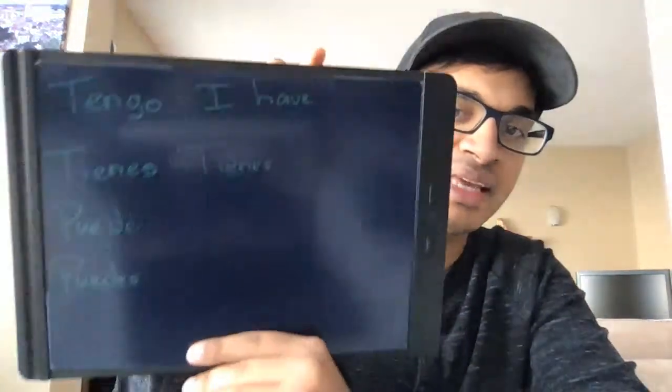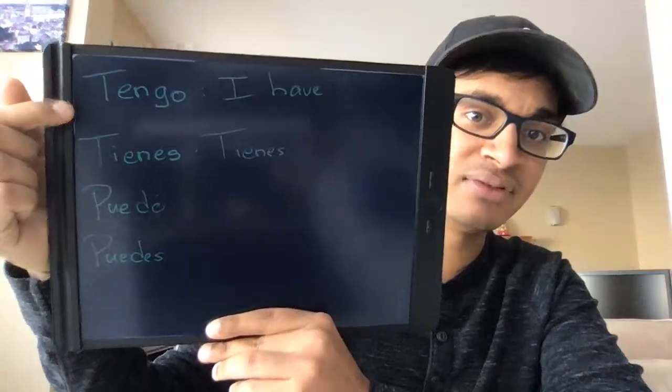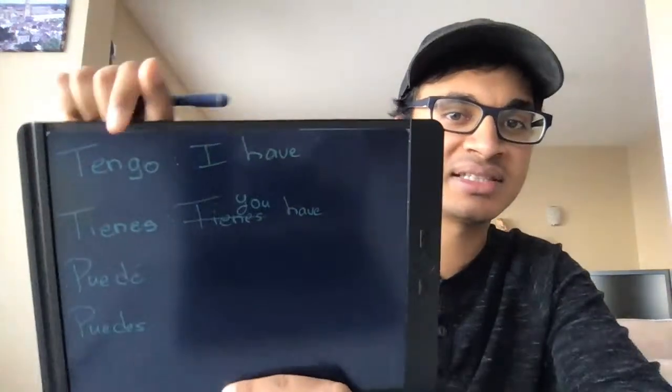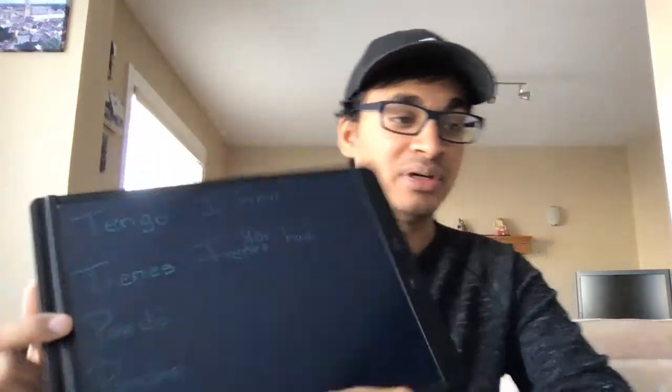Tienes. So tengo, I have. Oh, I just wrote tienes twice. I didn't write the English. I'm sorry. You have. Tienes is you have. Tengo, tienes. Tengo, I have. Tienes, you have. So I might say to you, for example, we know this is agua. Everyone knows agua, right? Water.